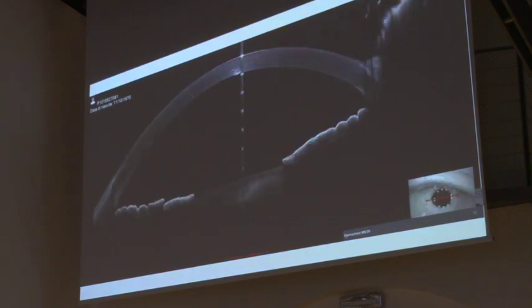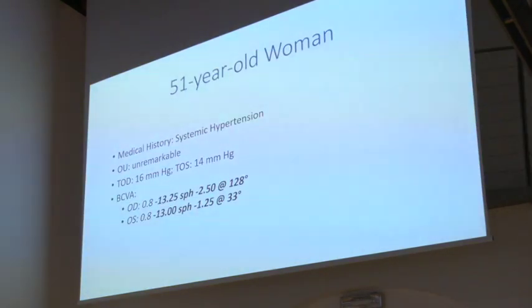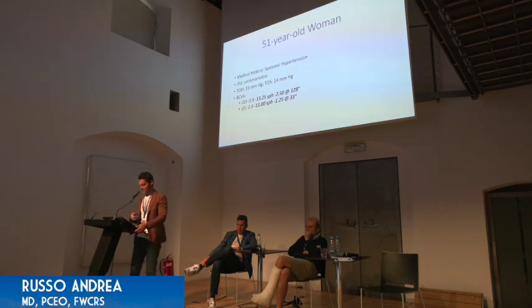As you can see from here, it was extreme, so we removed it and went ahead with the refractive lens exchange. So I wanted to share with you this interesting case, which is quite rare in ICL surgery. And once again, the anterior segment OCT is very useful in your decision-making process.